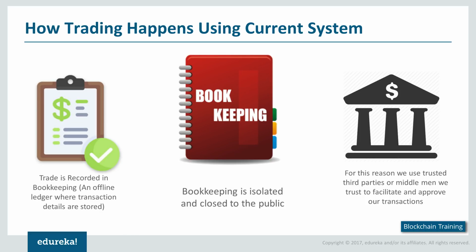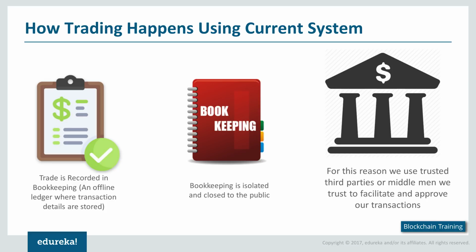To give you a simple example, we can only see the transactions that have been made by us or that involve us as part of our private accounting ledger. This is the same as your banking report, wherein you can only see all the transactions related to your account. For this reason, we trust a third party or a middleman to facilitate as well as approve all our transactions. Usually it's either a bank or a financial organization with which you're associated.